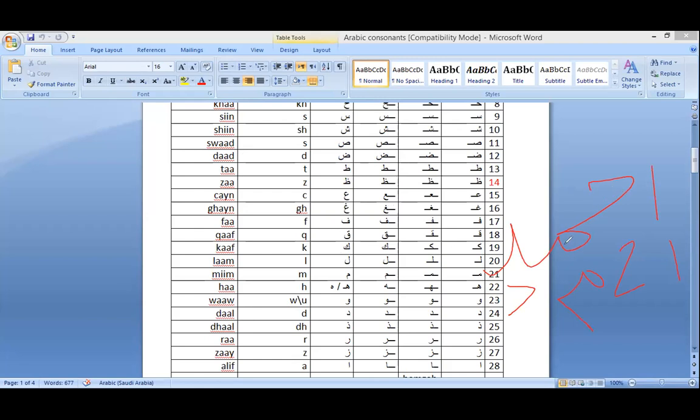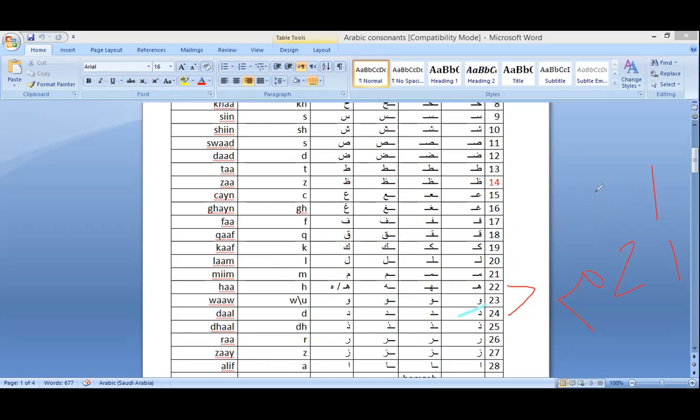You see letters are joined together. Ali, this is Ali, this is A, this is Lam, and this is Ya. You see this is Ya at the final. So these three letters are joined together, they form that name Ali.